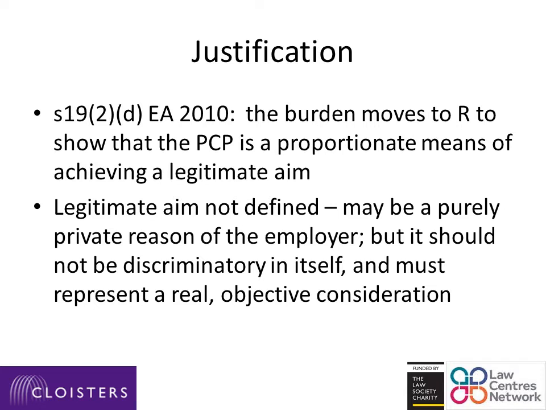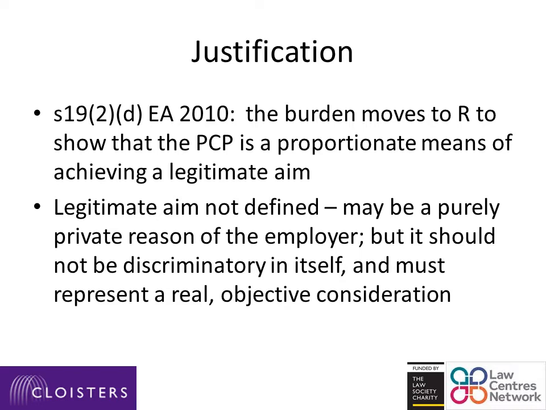Indirect discrimination can be justified, and Section 19(2)(d) of the Act makes provision for this. The burden of proof shifts from the claimant to the respondent to show that the PCP is a proportionate means, so that means an appropriate and necessary means of achieving a legitimate aim.